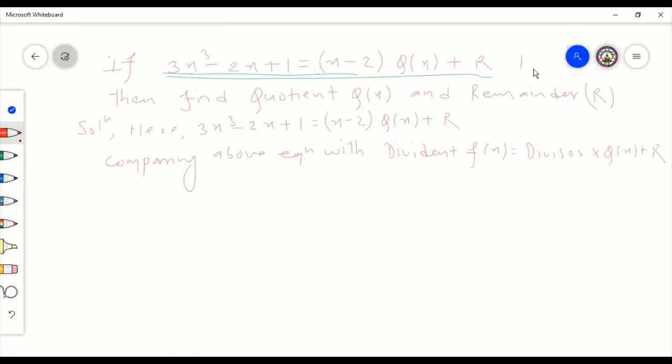Okay, if you compare with this equation over here, your dividend will be the dividend.